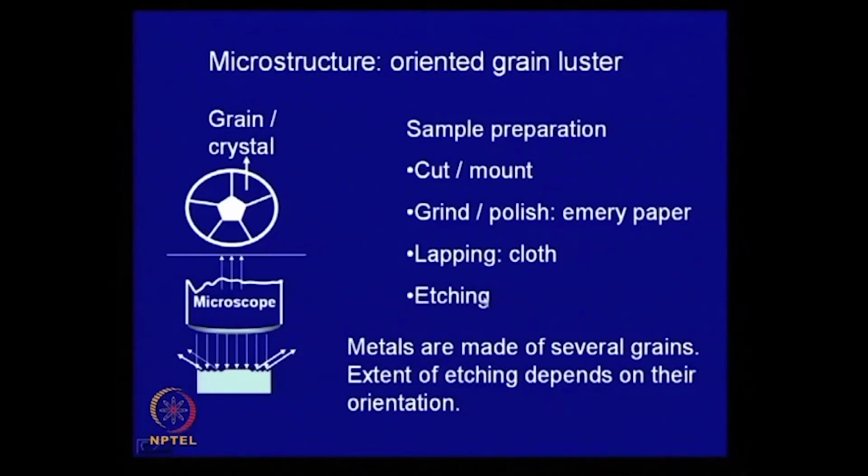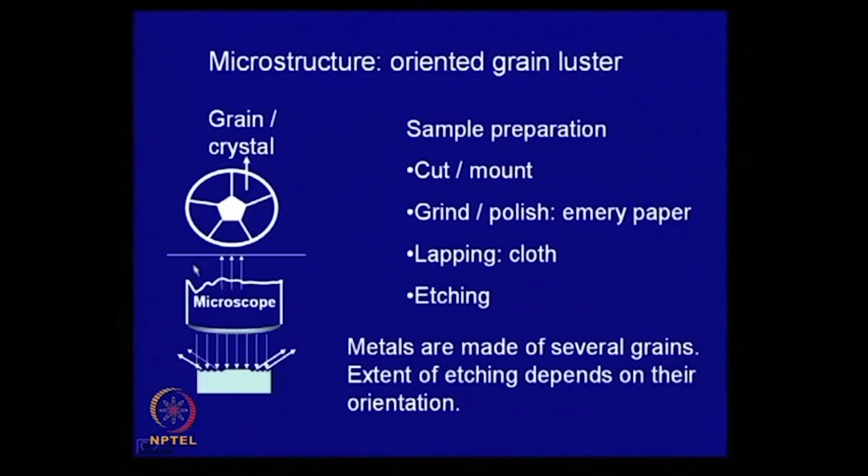Normally, on the polished surface, you put some chemical agent, an etching reagent, which will attack certain areas of the metal, and then you put it under the microscope.